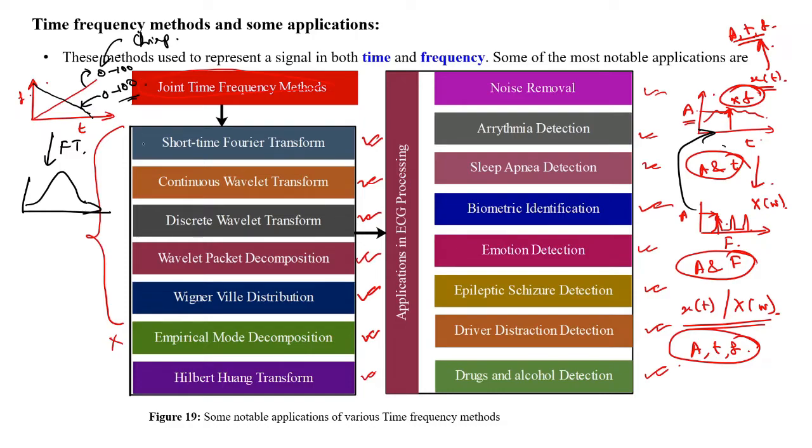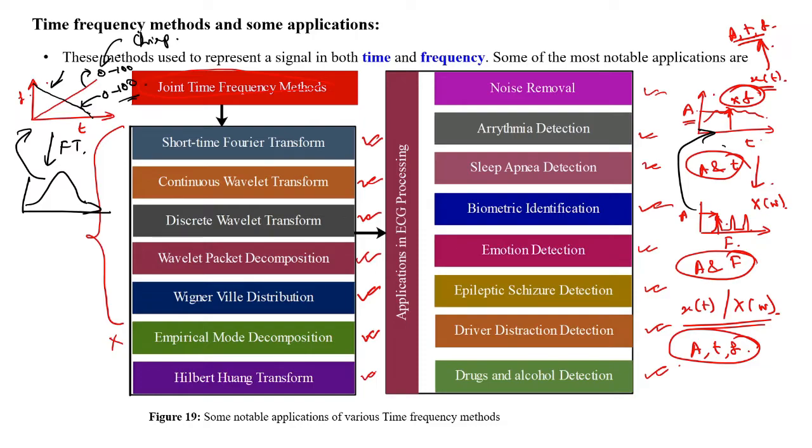But in this case, to which signal would it map us? The sharp signal or the inverse sharp signal? So herein the Fourier transform fails, and hence there is a requirement for these joint time frequency analysis methods, which can help us in reconstituting the signal in a more efficient way.